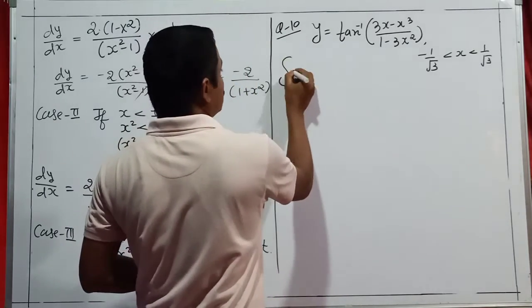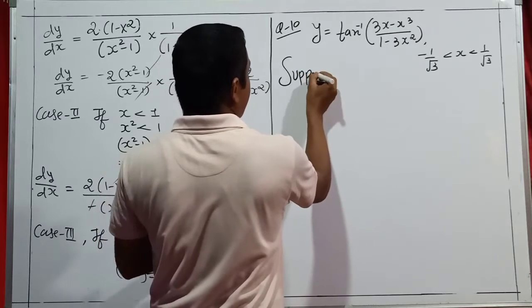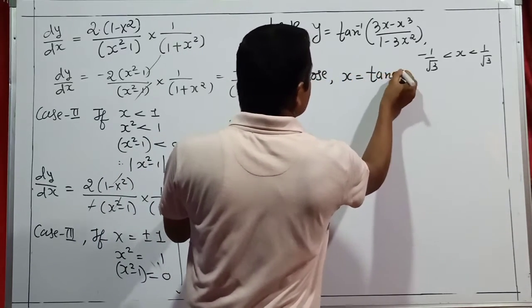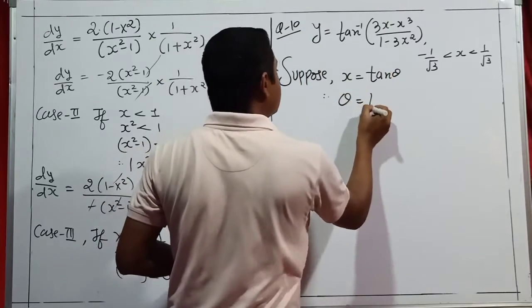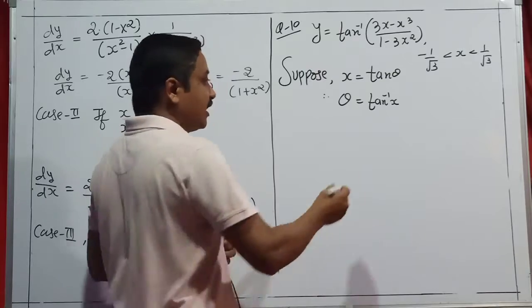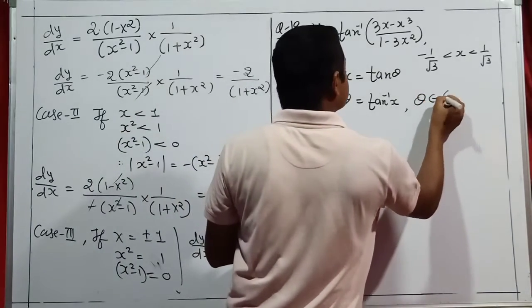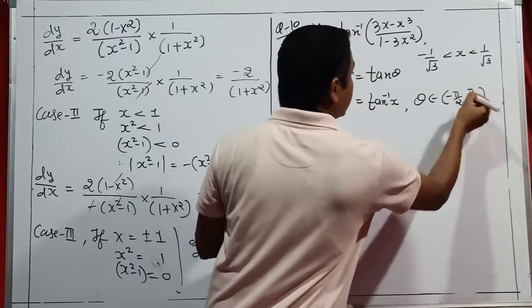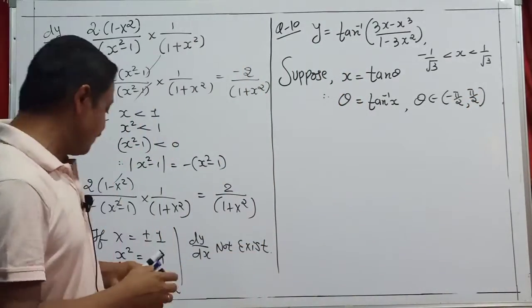Suppose x is equal to tan theta. So what is theta? It is tan inverse x by assumption, and theta belongs to my range minus 90 to plus 90. That I know, very easy.